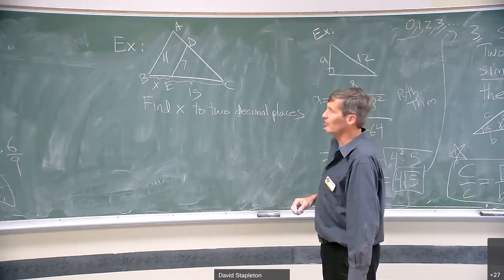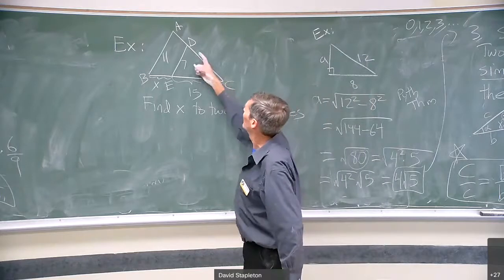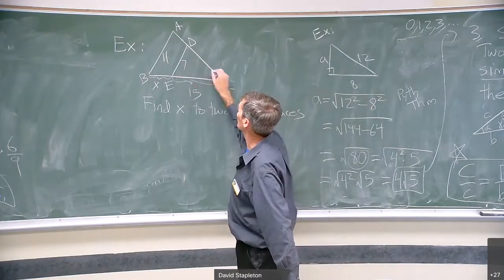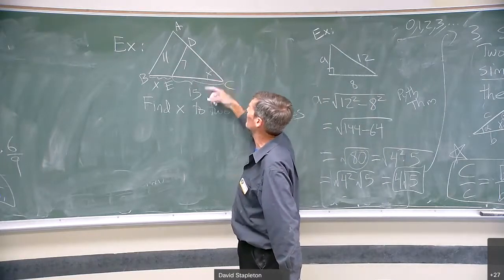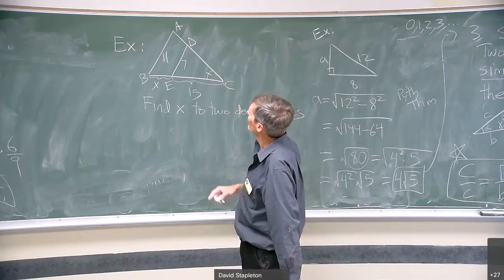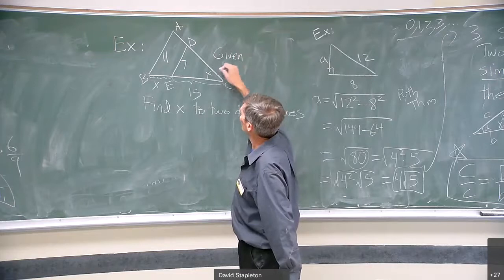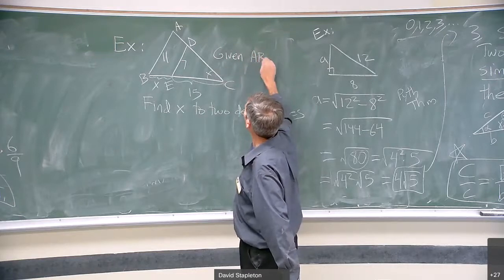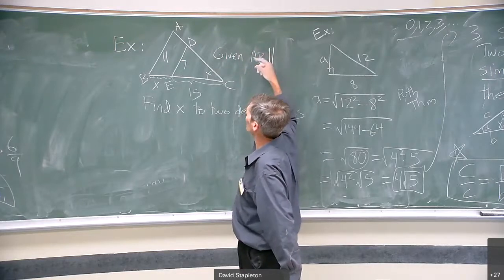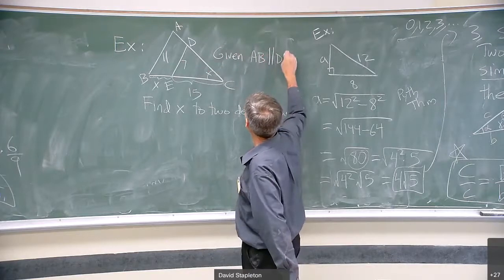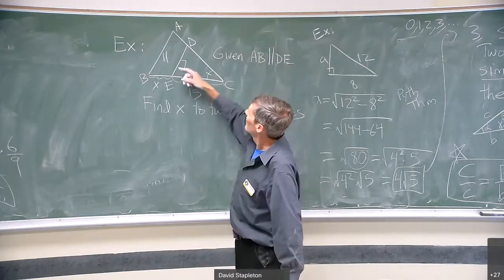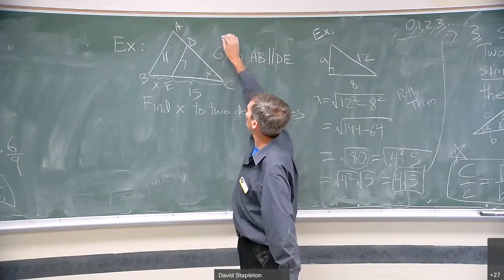I can use similar triangles for the following reason, right? This big triangle and this little one share a common angle, so that's congruent to itself. Now we're given that AB is parallel to DE, so we can say we have this property from geometry.